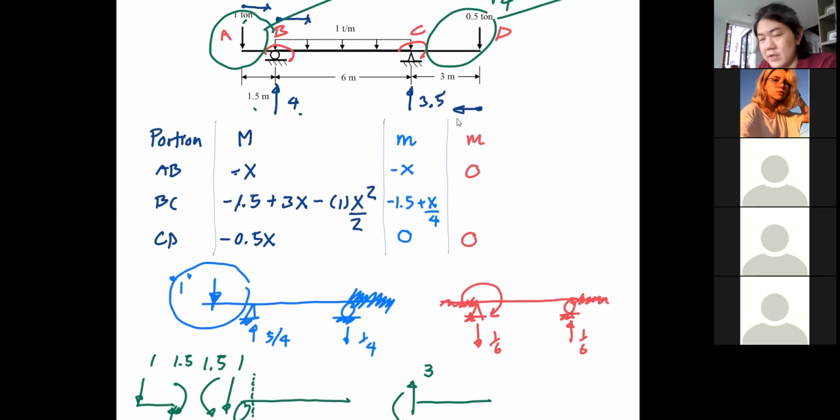And be careful, because before this we use the x that begin from B. So this has to begin from B as well. And this is my unit moment. And it's going up, so it's positive. So it becomes 1 minus x over 6. Right?